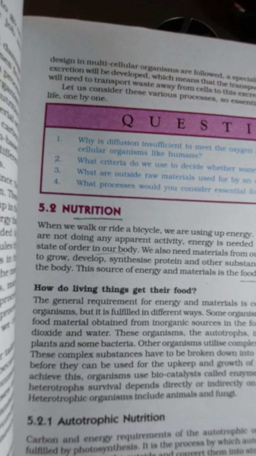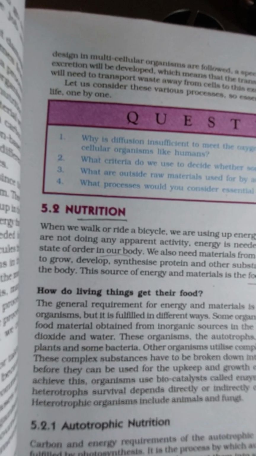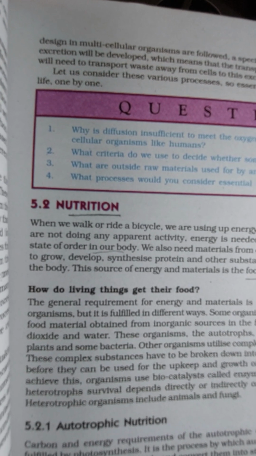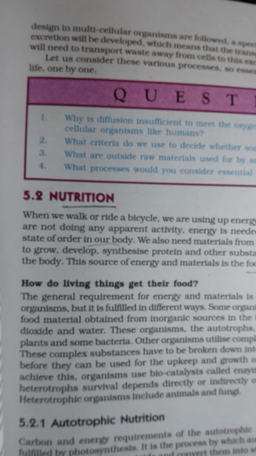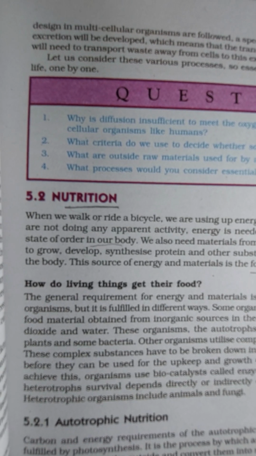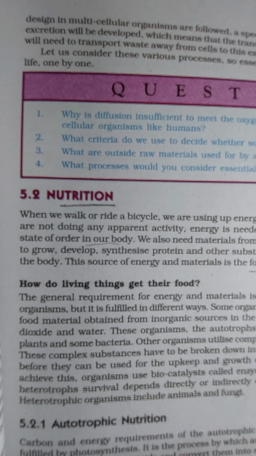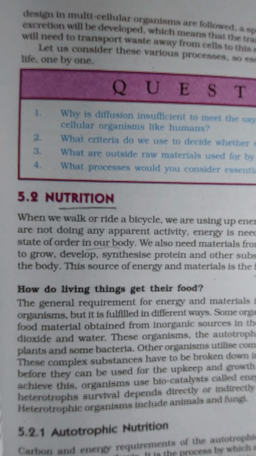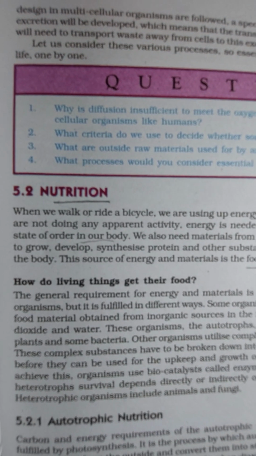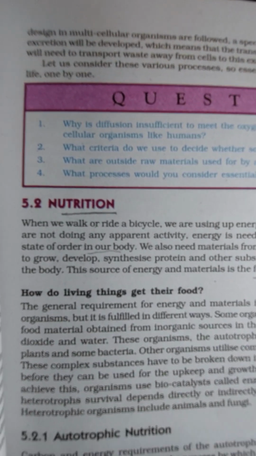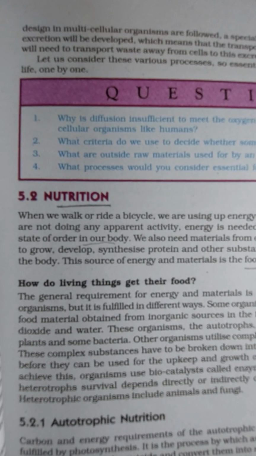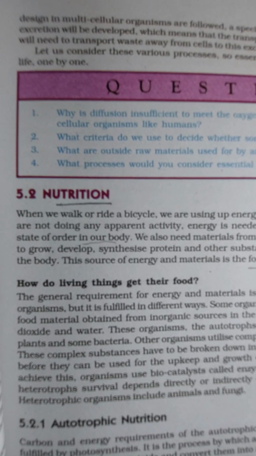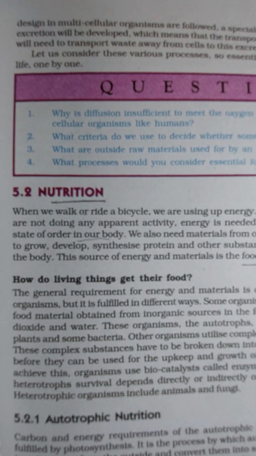Then we have other systems like respiratory system, circulatory system, excretory system, nervous system, all of which are performing their functions. And this is how the different processes keep on happening. So in nutrition we'll be studying about the digestive system and what happens to the food, and how energy is released, and in what form energy is released.